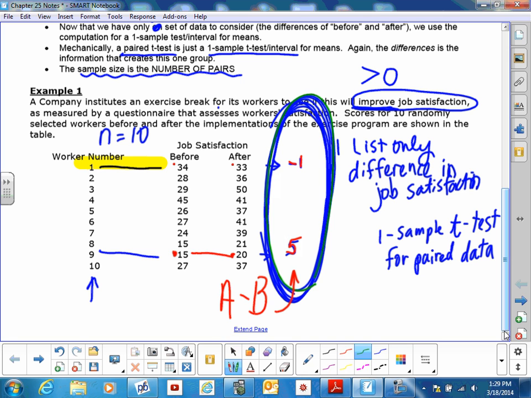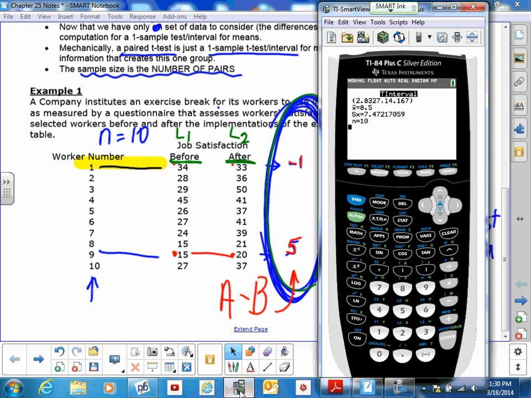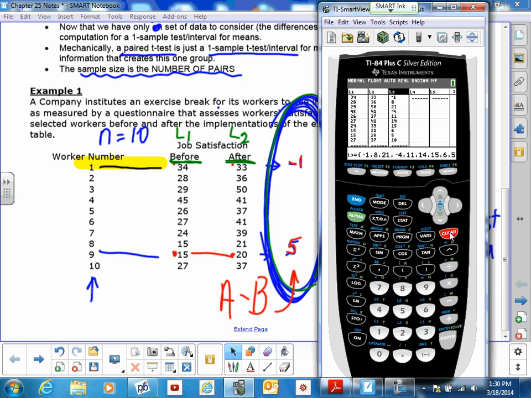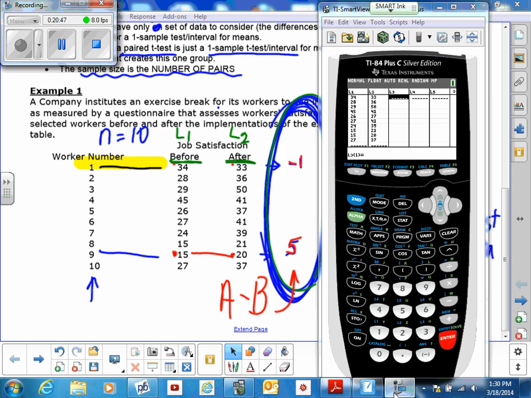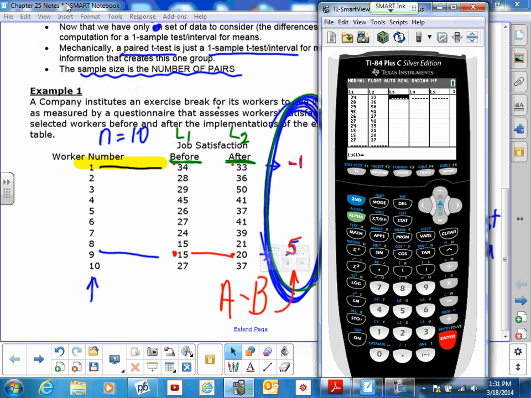We are going to put our before information into list 1, and our after list into list 2. So do that now. Okay, so once you have your data in there, then we want to put the differences in list 3.